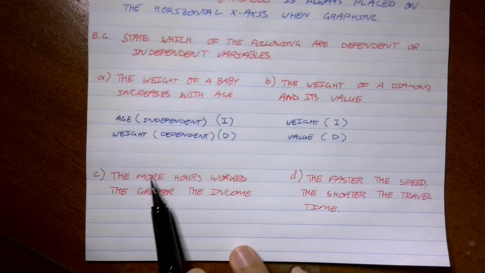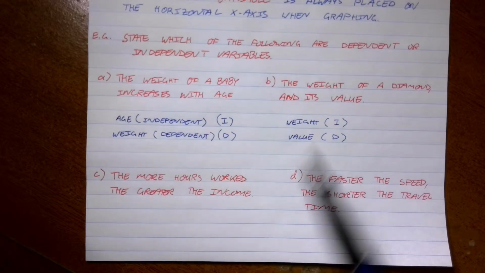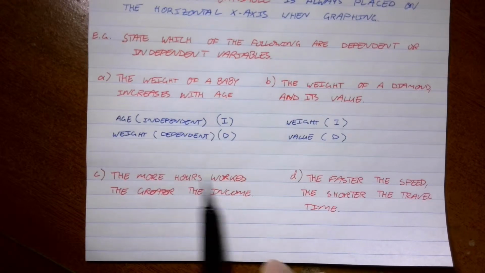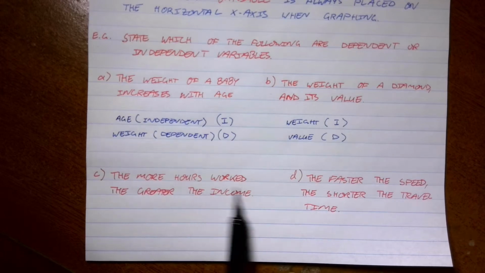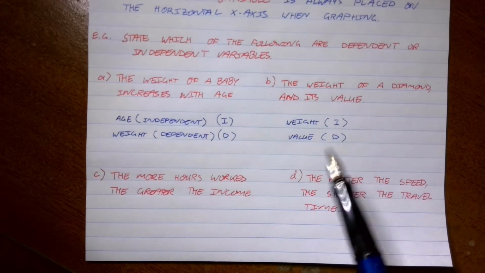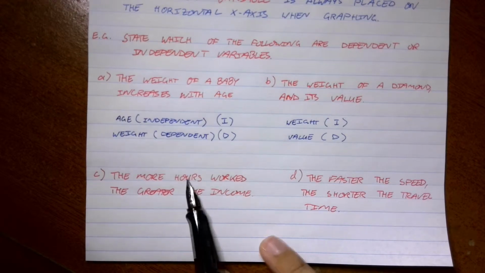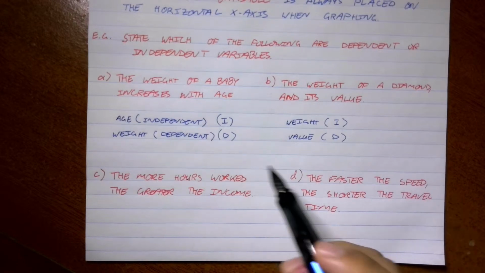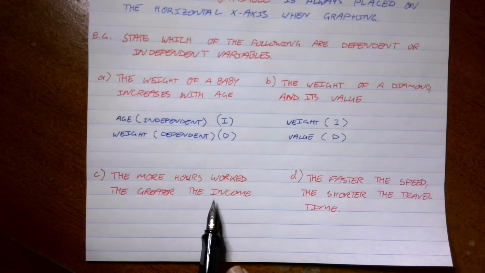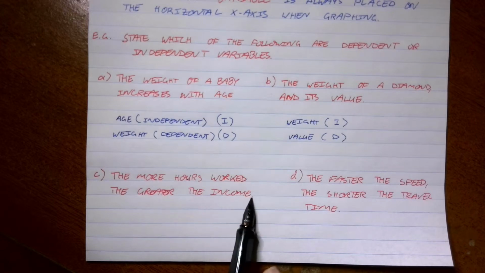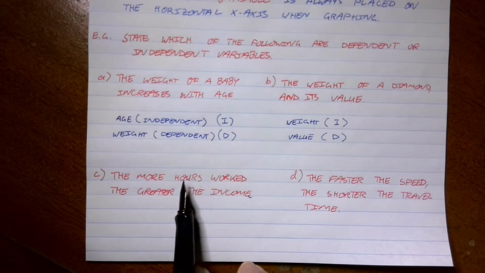If you can see that the more hours that you work, so hours is one variable, and the income is the second variable, but the income, how much you get at the end of the week, I presume, is dependent on how many hours you worked throughout the week. So let me say that again. The income at the end of the week depends on the number of hours worked throughout the week.